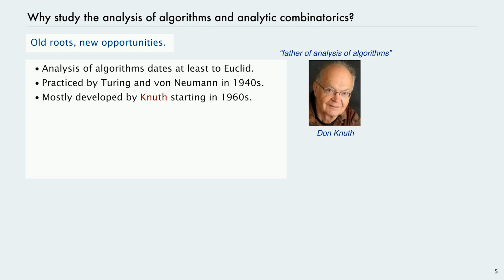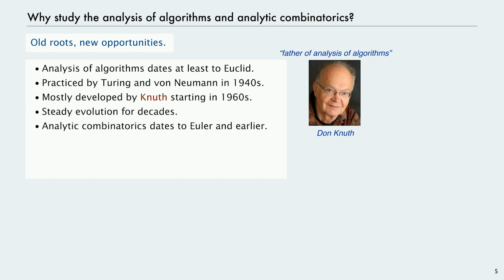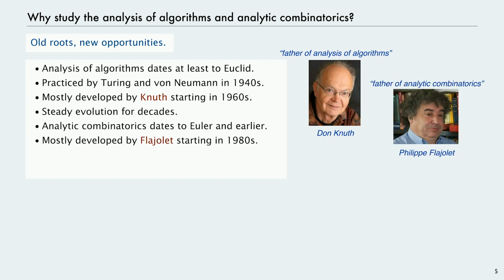But mostly it was Knuth, starting in the 1960s, when he wrote that series of books, who was the father of analysis of algorithms, who originated the field and has pioneered it and gotten many people involved. There's been a very steady evolution since Knuth got started and analytic combinatorics is part of it. But actually the roots of analytic combinatorics go back pretty far to Euler and even earlier. That field was mostly developed by Flajolet and people who collaborated with Flajolet starting in the 1980s.